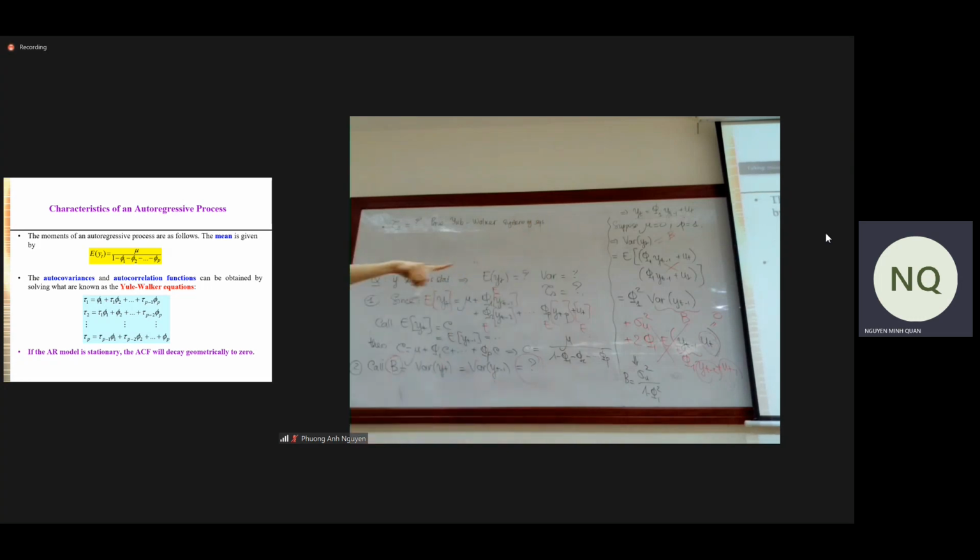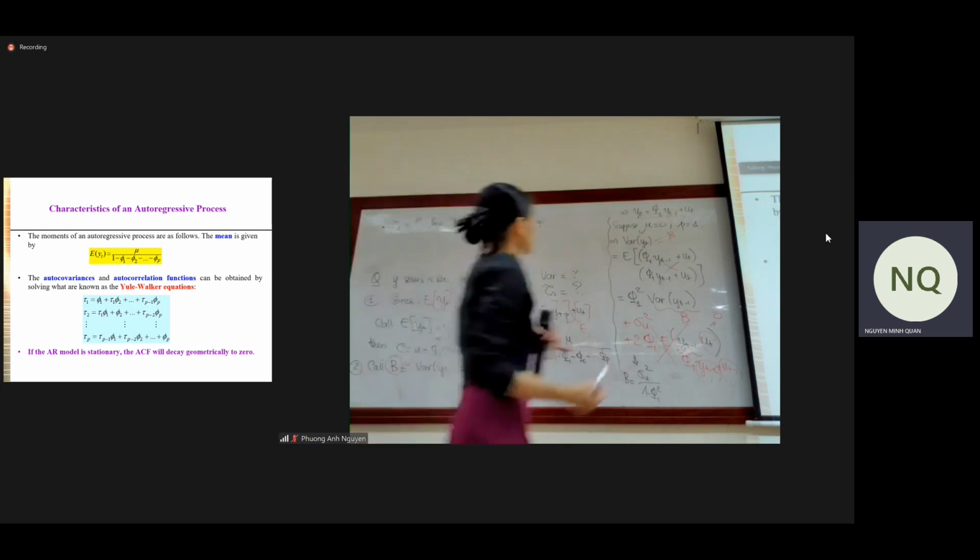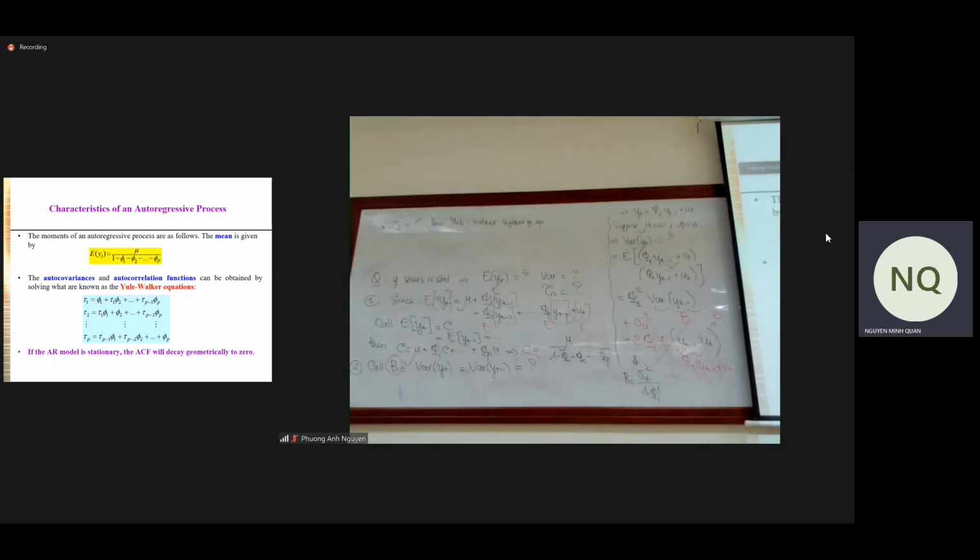Let's check the first equation in the system. You see that it is a system of how many? We have b unknown tau and also b equations. The phi we know them all, from the coefficients of the AR model. So basically you can solve this system and get the values of tau.